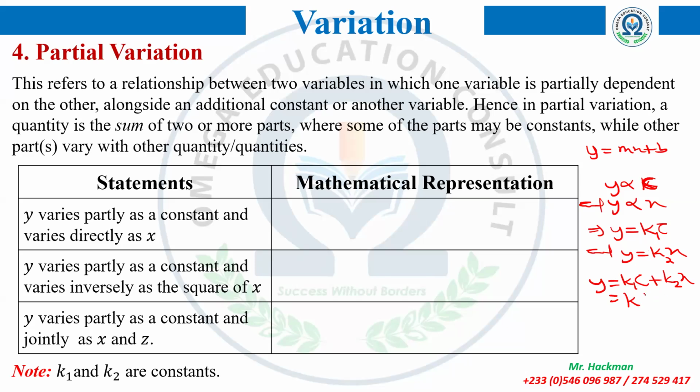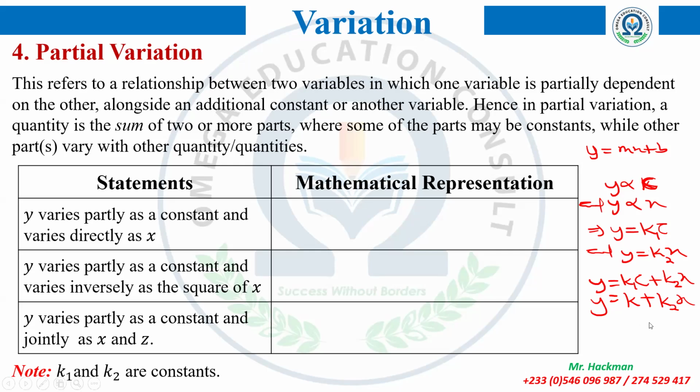Then maybe plus k sub 2 x. So with this one, unlike the first three types where we had only one k to look for, you realize that with the direct, the inverse or the indirect, and the joint, we only had one k, one constant of variation or proportionality. You agree, right?